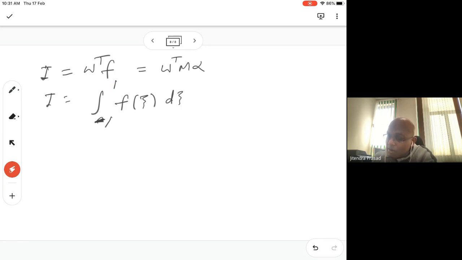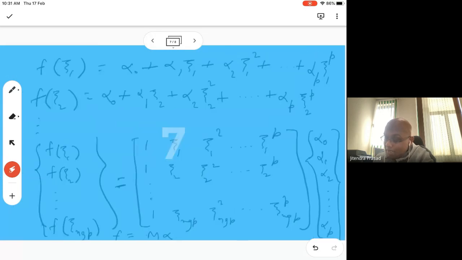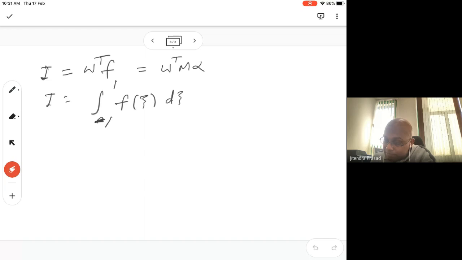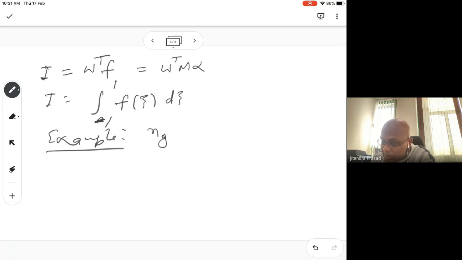And what are we doing? We look at this system. There are two things that we are doing. We can see the example: ngp is equal to 2, right? In that case, what happens?